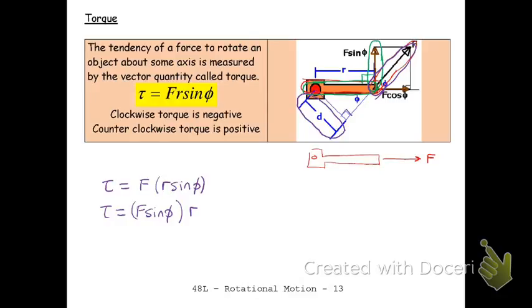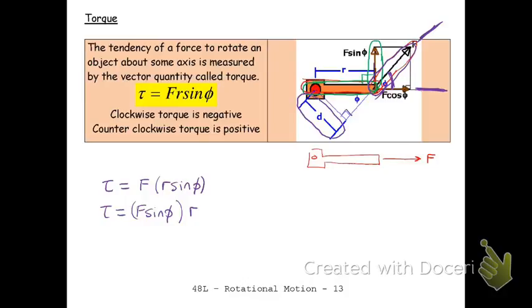But I've got to do one or the other. It's not cosine. There's theta. That green component is the sine of theta. It's F sine theta, not F cosine theta. So theta is between the direction of my lever arm and the direction of my force.